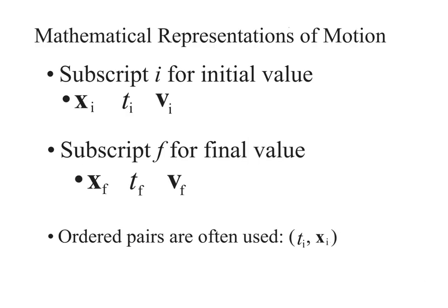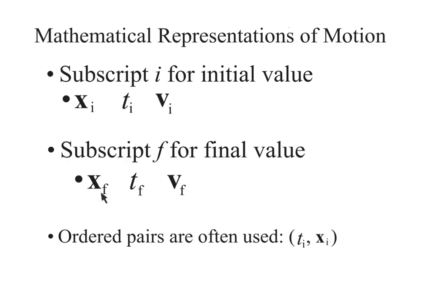A couple things I do want to point out as we get into formulas here, these subscripts are going to be very, very important. And so you'll notice these three subscripts here have a subscript that is i. The subscript is that little small letter down there. i stands for the initial value. So when you see a formula that has maybe some variable representing some part of that formula and a little subscript with an i, they are talking about initial or starting value.